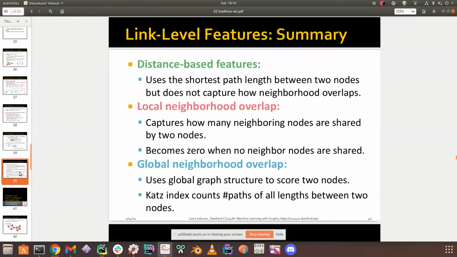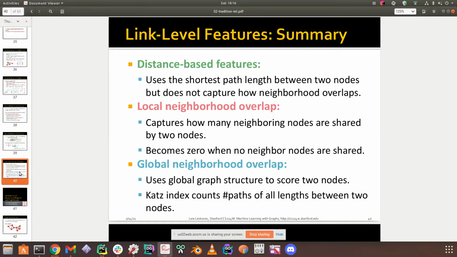Yeah, so going back to the summary, the link-level features include distance-based ones, which are fairly easy: it's just the shortest path between the two nodes. The caveat is that it doesn't show you what the neighborhood is like. Then there's the local neighborhood overlap, which is how many neighbors are shared by two nodes.